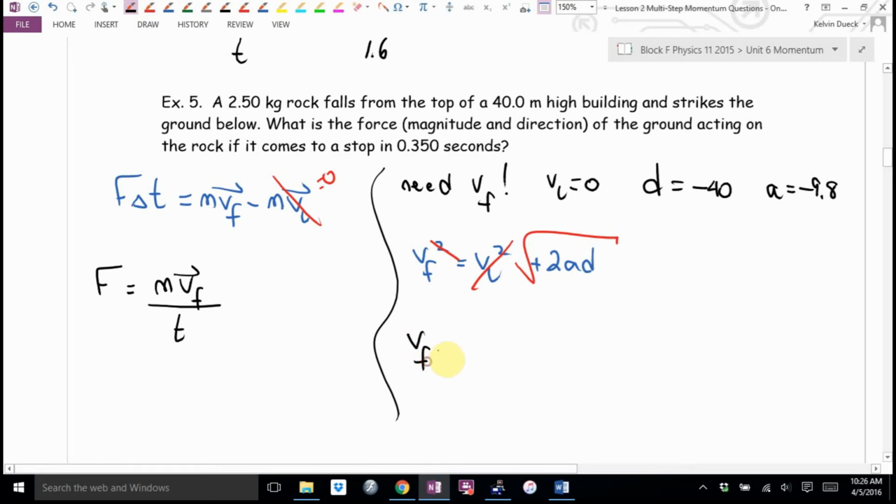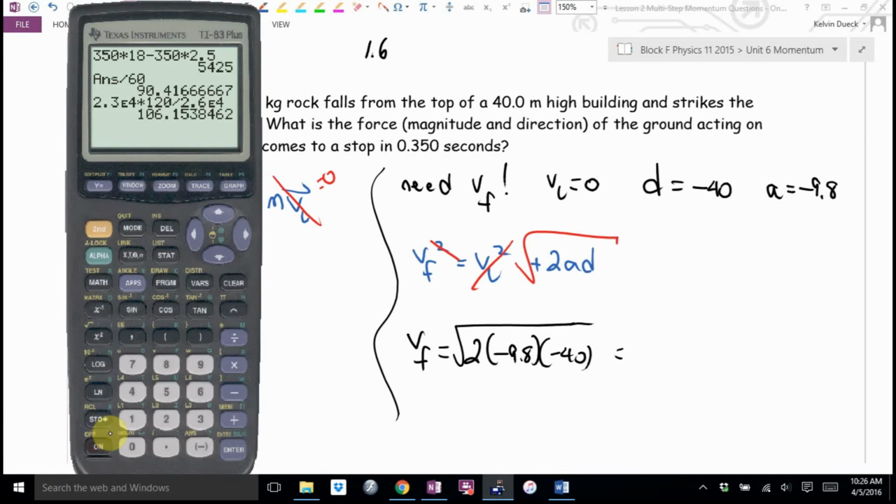V final is going to be the square root of 2 times negative 9.8 times negative 40. This might work out nice. I think it will. Square root. And I get 28.